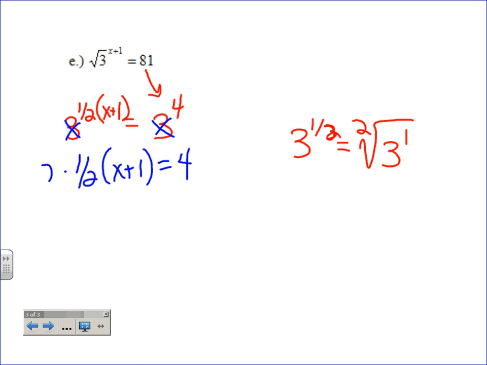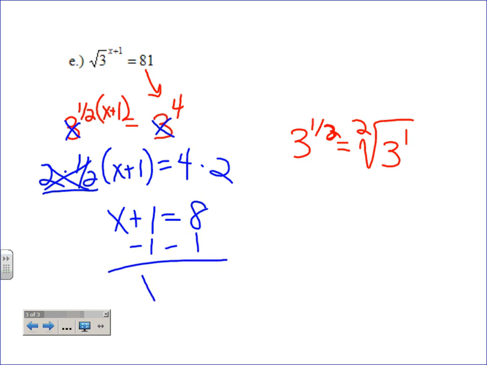So let's just multiply both sides by 2. Why would I do that? Because what happens here? Yeah, they cancel. Do you have to do it that way? Is it okay to still distribute the half? Yeah, you're going to get the exact same answer. It doesn't matter. So x plus 1 equals 8. X equals 7. Okay, any questions? All right.